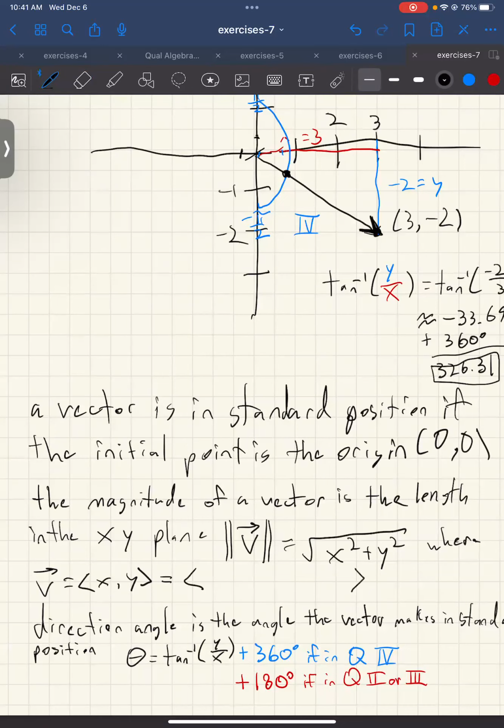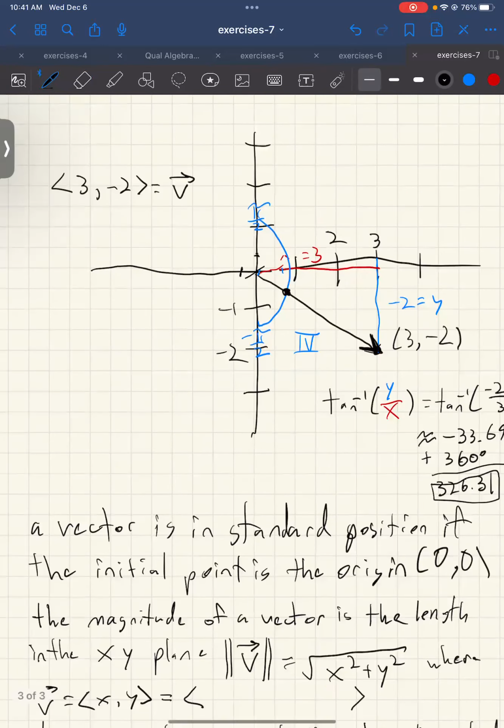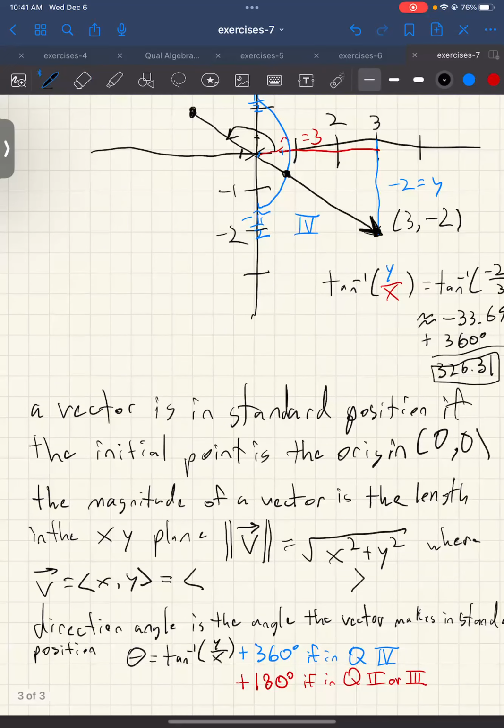What two functions do I have where I plug in some angle and it gives me the coordinate on the unit circle? That would be cosine and sine, where cosine is this x value and sine is this y value.